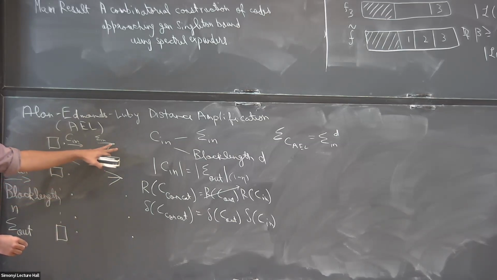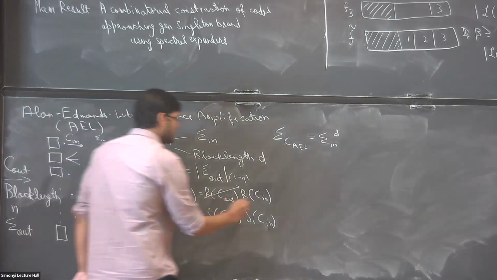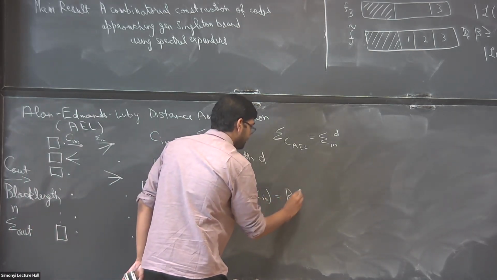The coordinate number 1 will just group together all the d many sigma in symbols that it sees on its edges. So it's a pseudo-random way of scrambling these symbols. And so this folding operation does not really change the rate of the code. So the rate here remains the same.